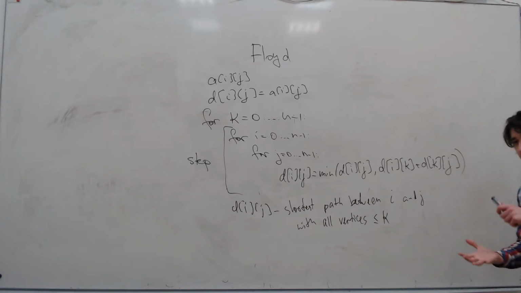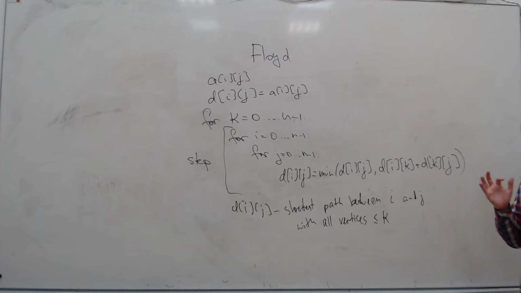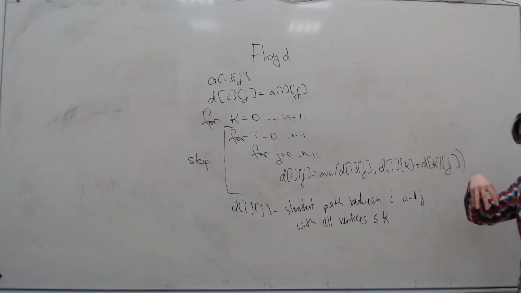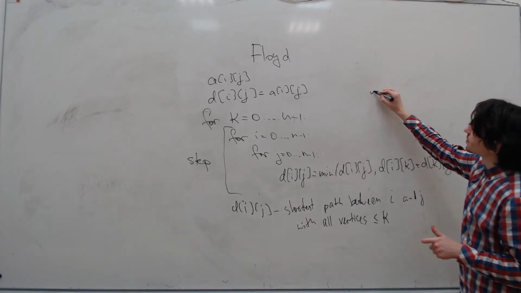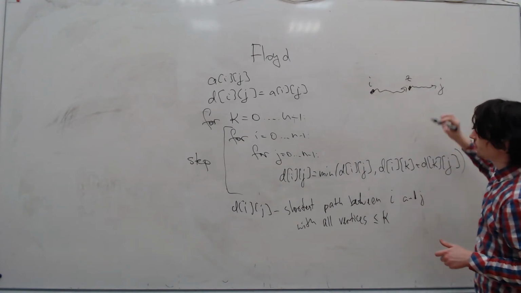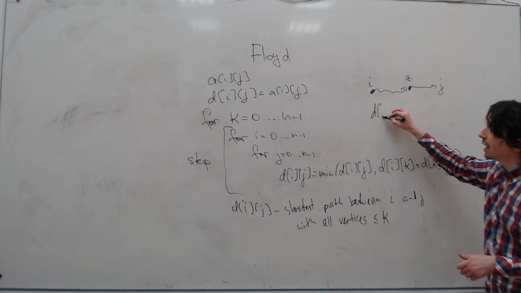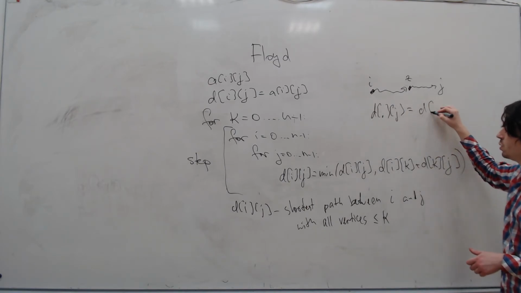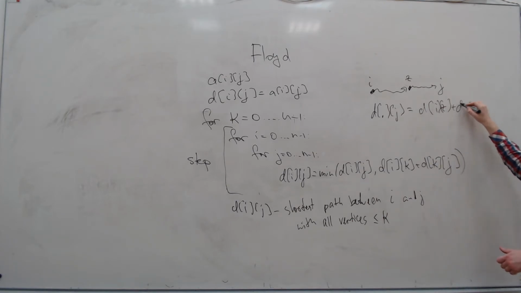So consider from the back. Suppose the maximal identifier of a vertex on the path is z. Then the path goes i, z, j. So your path d_ij is the path d_iz plus d_zj, and z is the maximal identifier on the path.